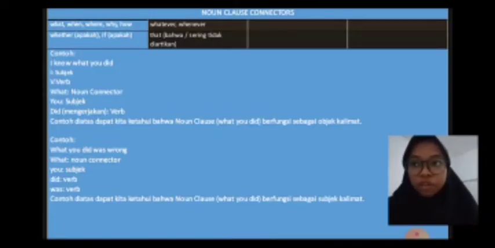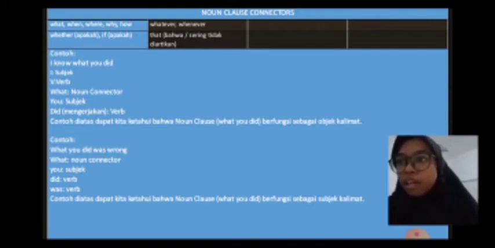I'm going to continue the material. You can see here the table of noun clause connectors. There are what, when, where, why, and how, and then also whatever and whenever, and then whether and if. My friend already gave examples before, so here are the examples again, especially the pattern.